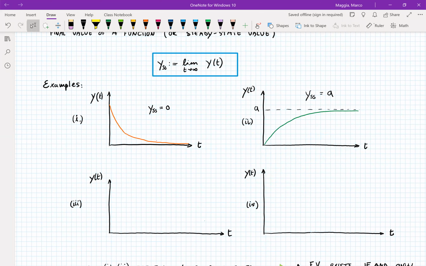There can be other functions, of course. What if we had a harmonic function? Well, in the case of a harmonic function, the function oscillates between a maximum and a minimum value.